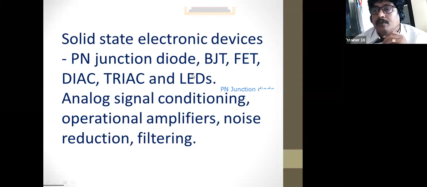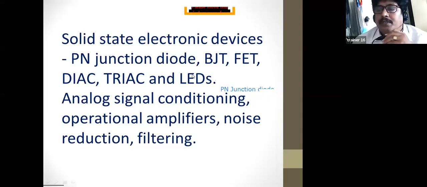For example, if you open a TV or other electronic devices, you can see diodes and transistors. A diode protects the components from high voltage, so we install a diode. Similarly, here we have the BJT.